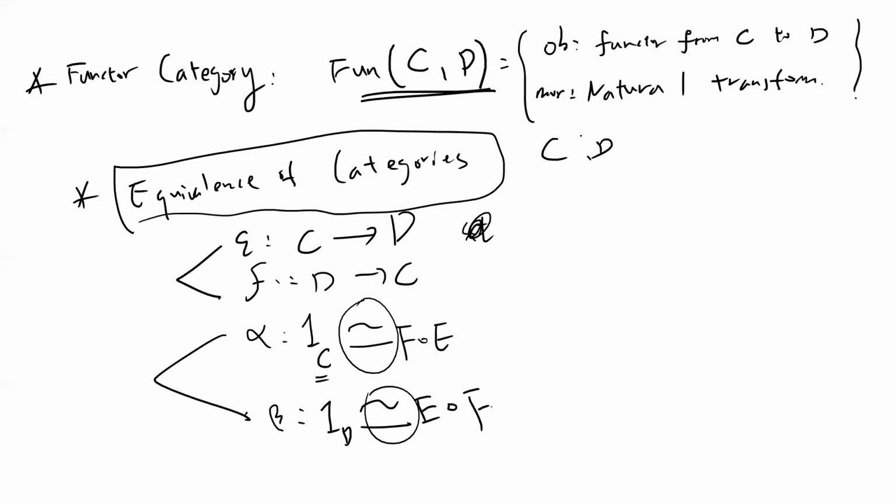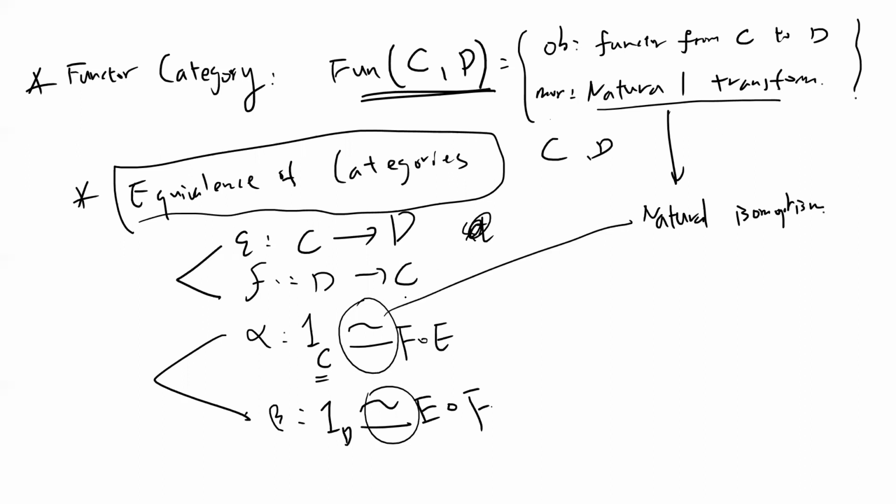Oh, by the way, I never said so: the morphism is natural transformation, and from this point of view you can define the natural isomorphism, because you have a category. So this means natural isomorphism in the sense of the functor category from C to D. If they are the same, then we call that equivalence of categories.